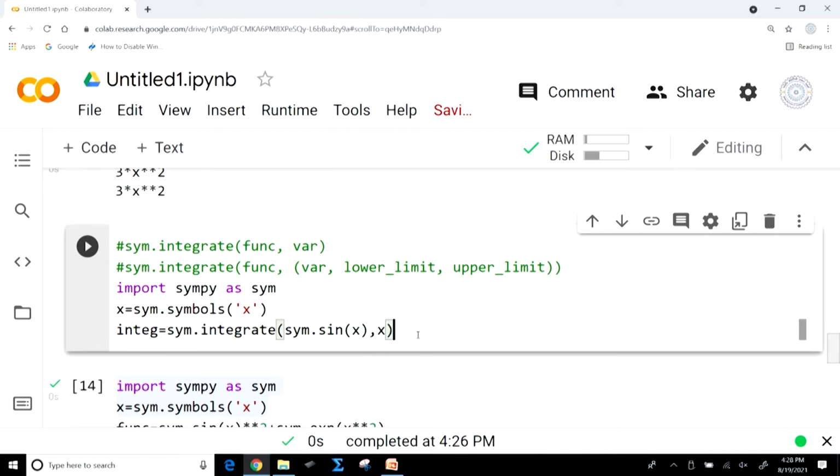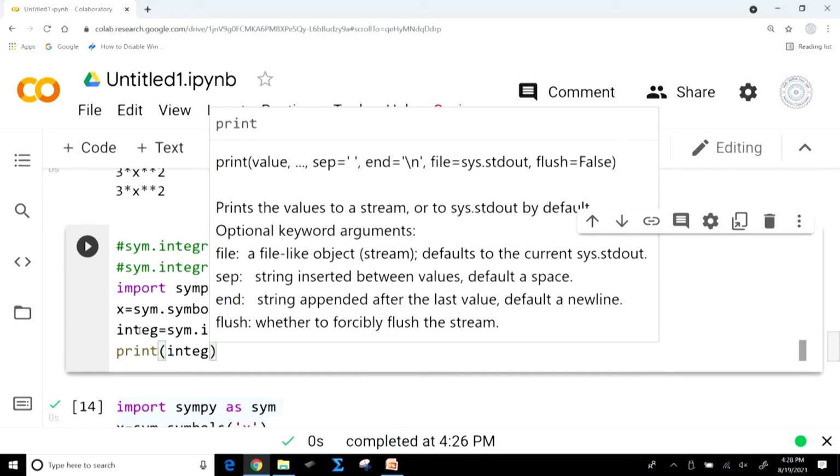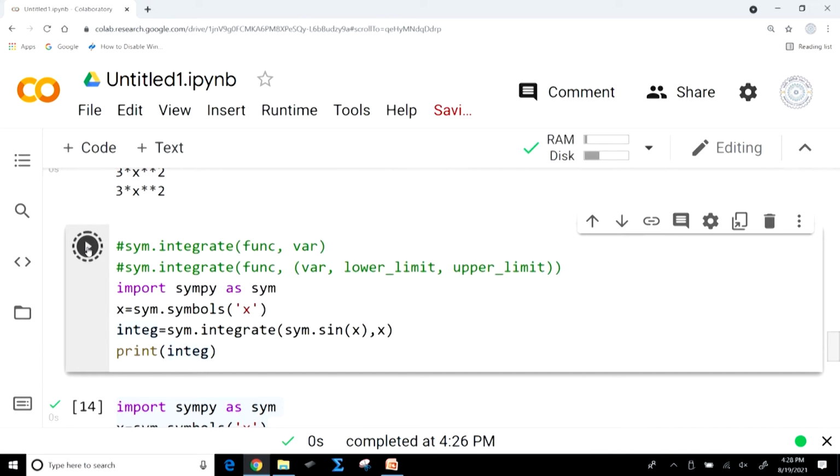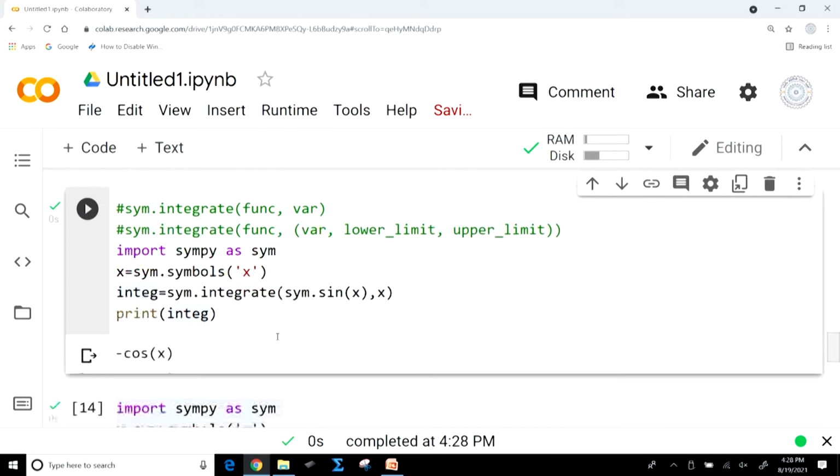And then print whatever you want to find out. So, this is basically the notation which I have used. If you run it, let us see what the integration is. It is minus cos x, we already know this.